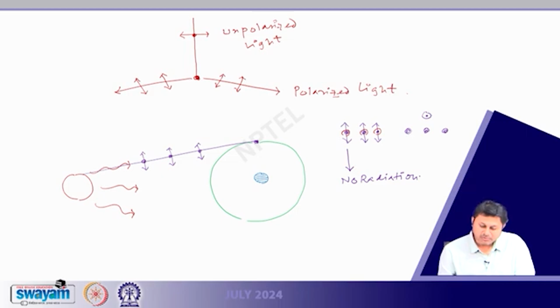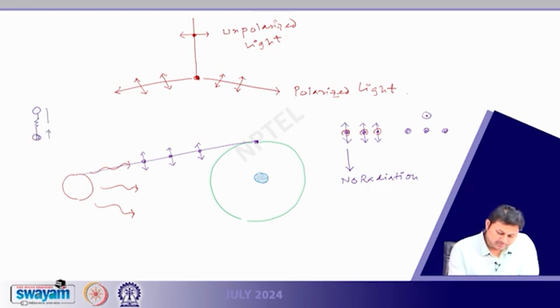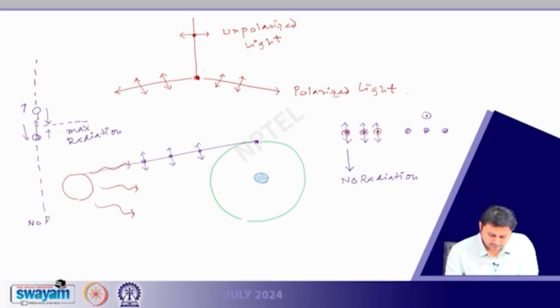Because for a dipole, if I draw quickly, if it vibrates along this side, no radiation will be there. The maximum radiation will be perpendicular to this. So, no radiation will be here.